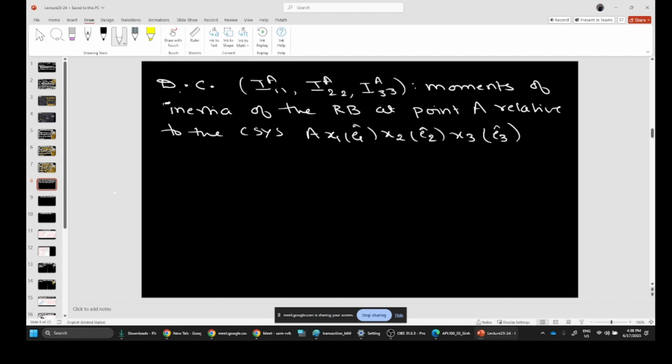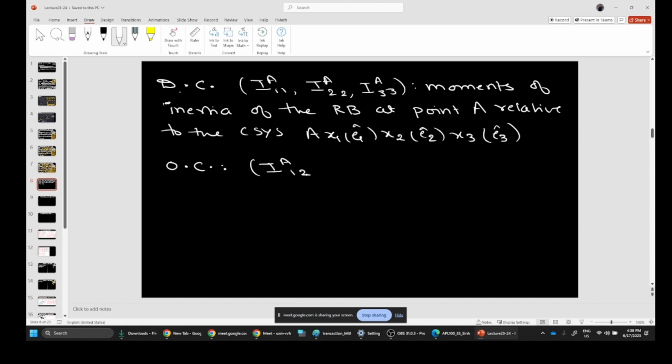Even in class 11, 12, they talk about moments of inertia. But in class 11th and 12th, they don't talk about anything beyond moments of inertia. You are only introduced to what I am calling IA11, IA22 and IA33. The off-diagonal components are not introduced in class 11th and 12th, but they are also important.